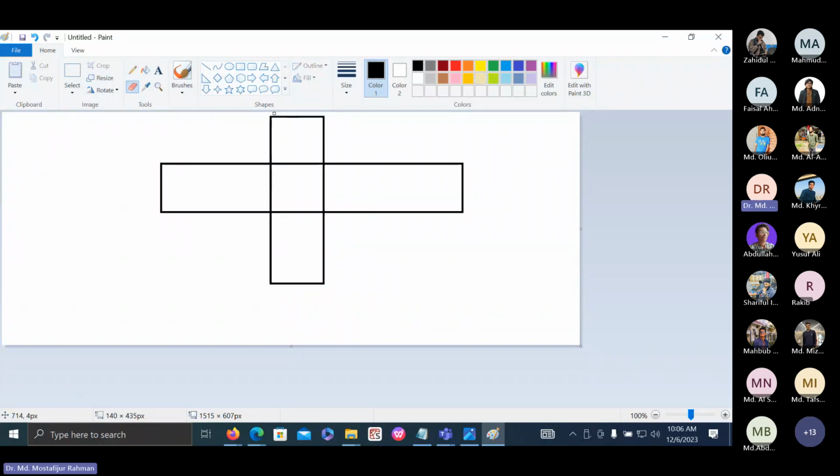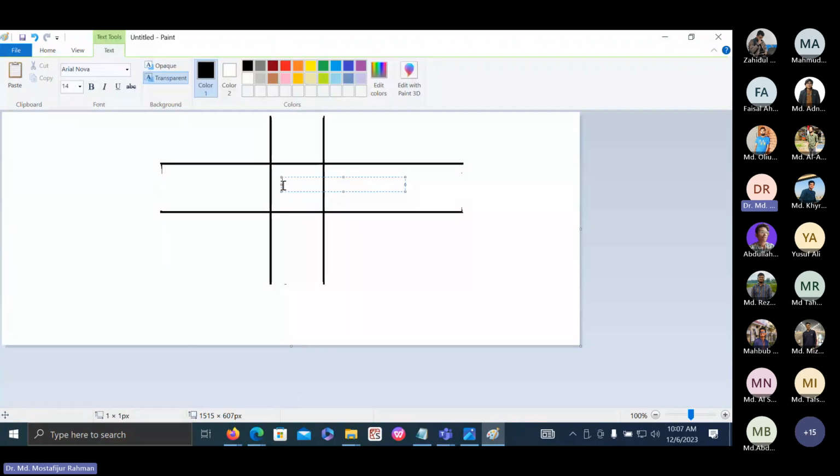So here you can see, for example, this is the road. Section, four junctions here. Okay, this we call critical sections. Yes, critical section.